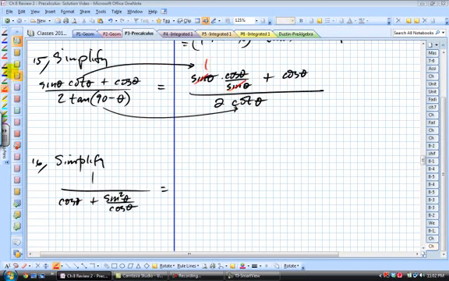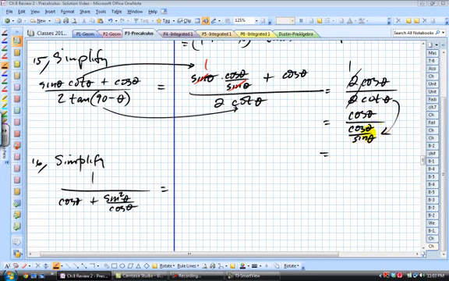Let's simplify right here. That gives you 1 there. And that equals cosine plus cosine. So that's 2 cosine theta divided by 2 cotangent theta. These cancel out, giving you cosine theta divided by cosine theta divided by sine theta.